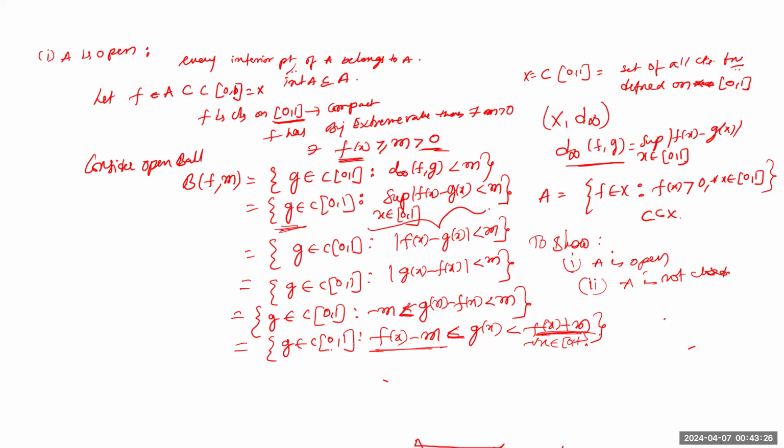What am I going to take? I am going to take one function h in B of f comma m. Let h belong to B of f comma m. Then h satisfies f of x minus m is less than h of x, which is less than f of x plus m.